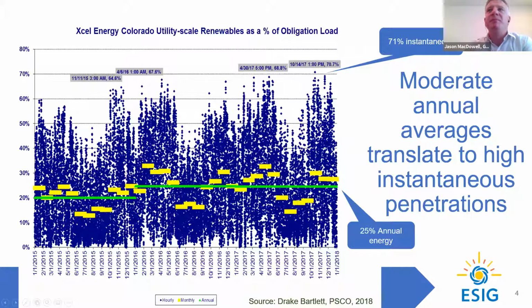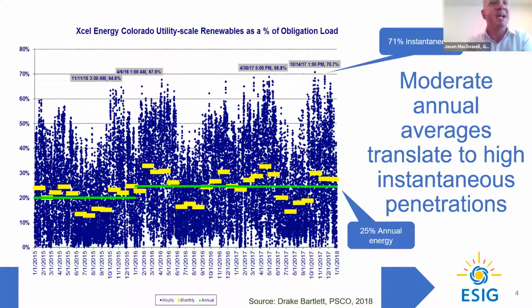Modern grids have no hard limit in terms of the integration capability of any resource. It's more a matter of how those resources work together, a matter of integration cost. But look at the moderate annual averages; in this case, we're showing Xcel Energy five years ago, where on average over the year we had 25% annual energy being served from wind and solar.